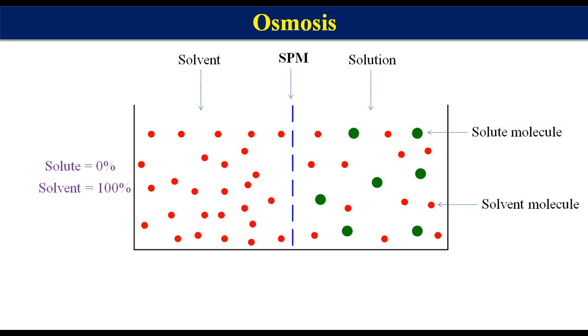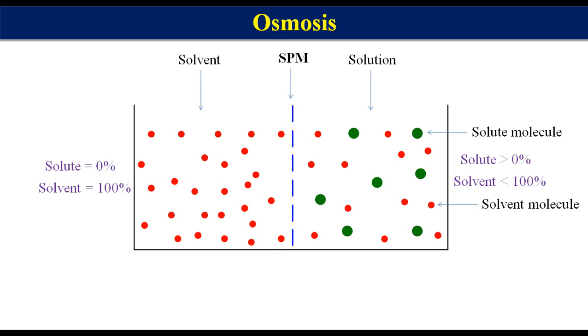So the concentration of solute will be greater than 0% and concentration of solvent will be less than 100%. Or we can say that the concentration of solute is higher in the right compartment and the concentration of solvent is higher in the left compartment.